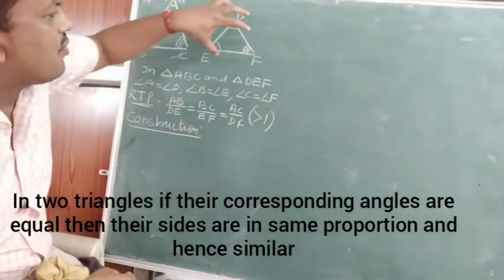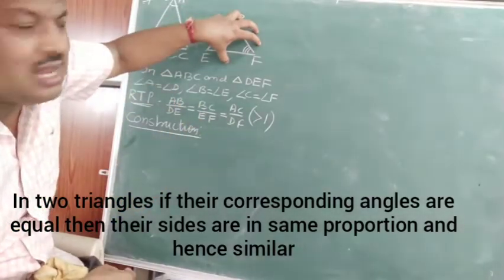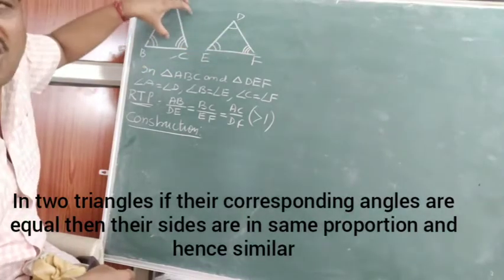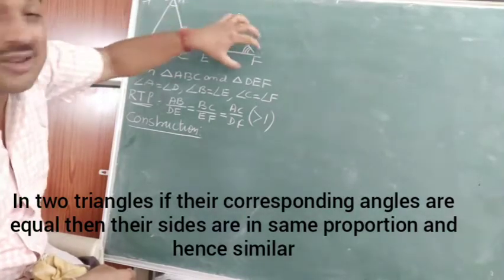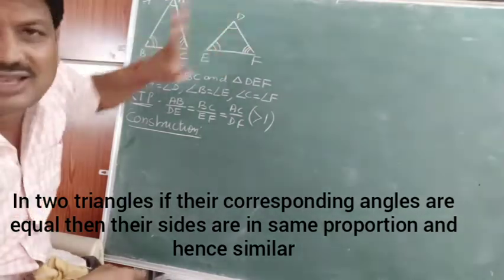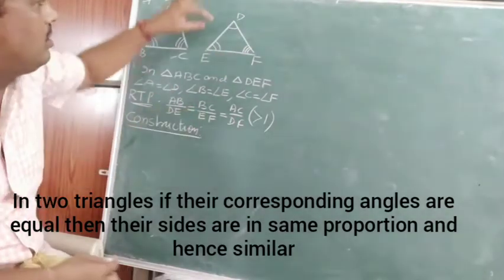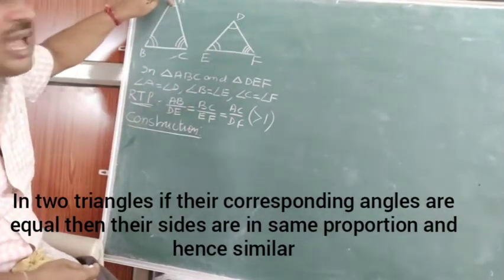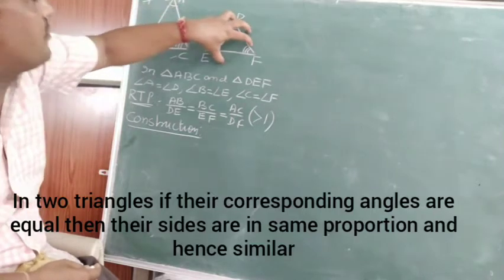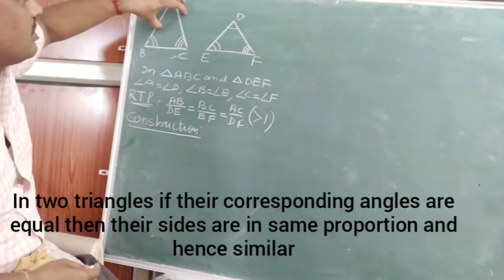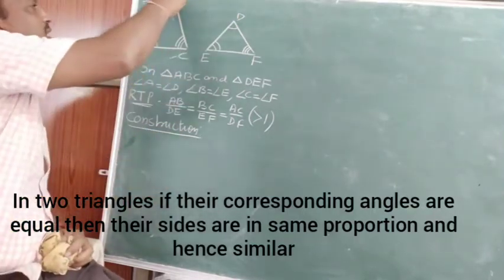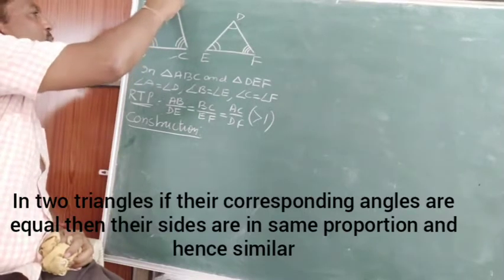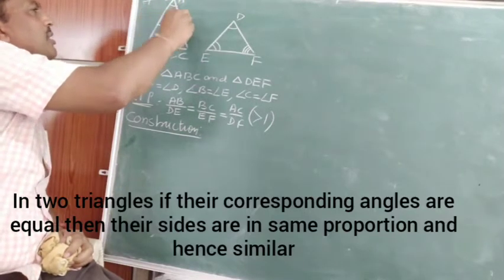Nothing children. We have to pick this triangle and try to fix on this. It cannot be fixed because sizes are different. But since this angle and this angle is same, so you can lift it and keep here. So how it will be fixed? It may come probably up to here.